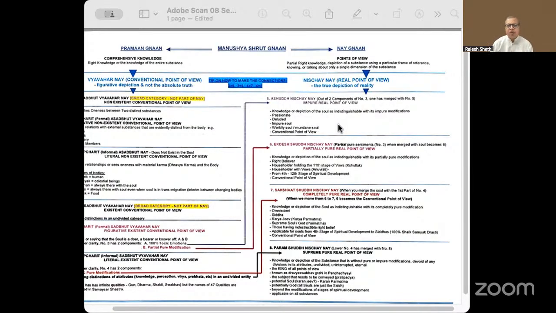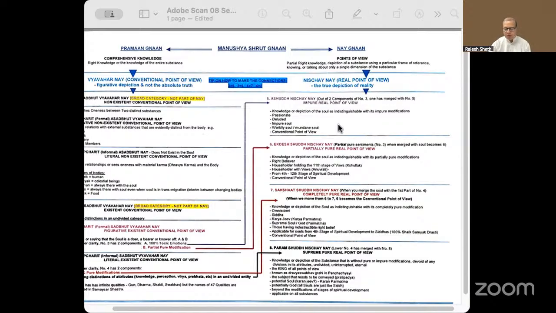So the weightage of truth is increasing. From 4th, the 5th weightage was more. 6th, the weightage is more than the fifth. Now we move on to the seventh, then the weightage will be always more. A few more points about number 6, which have not been written here. This point of view establishes oneness of the substance with its partially pure modification, oneness of the soul with partial pure modification.